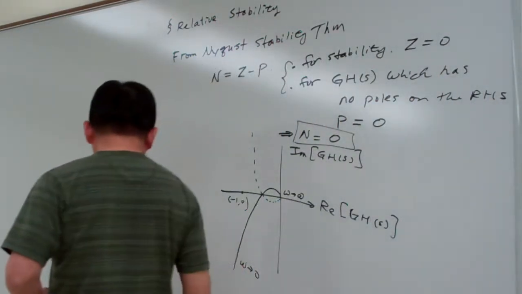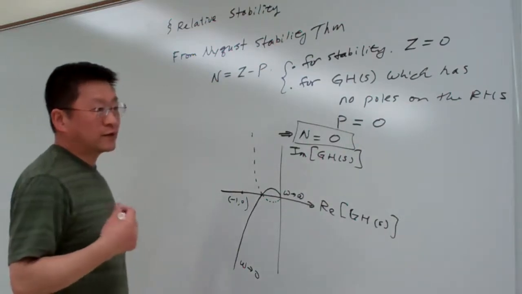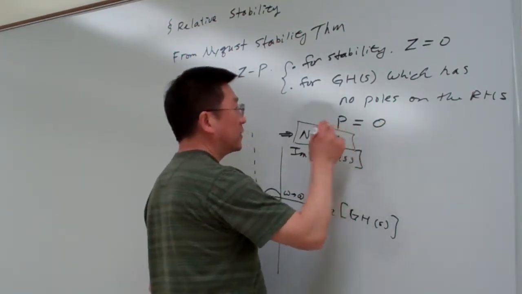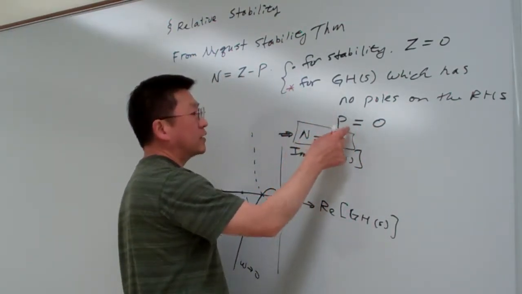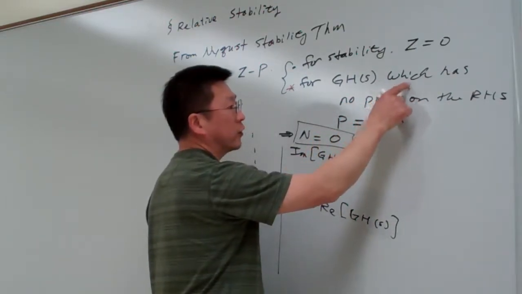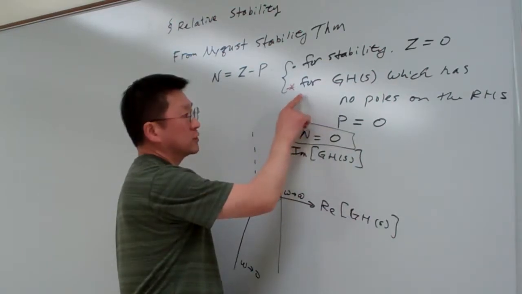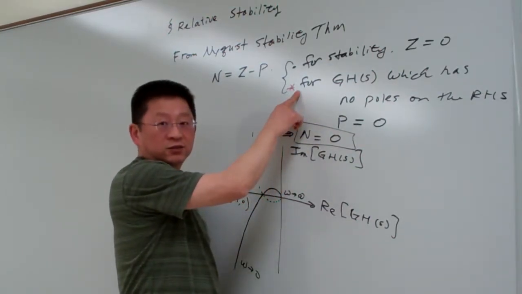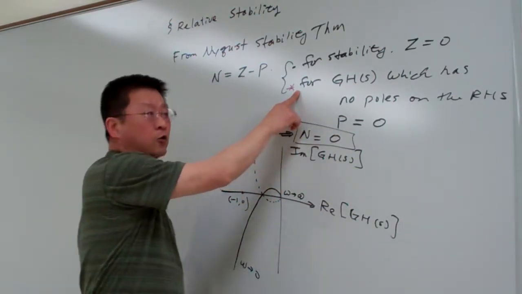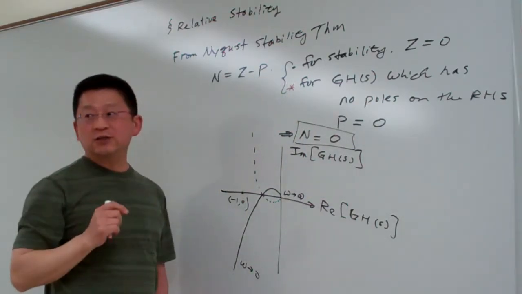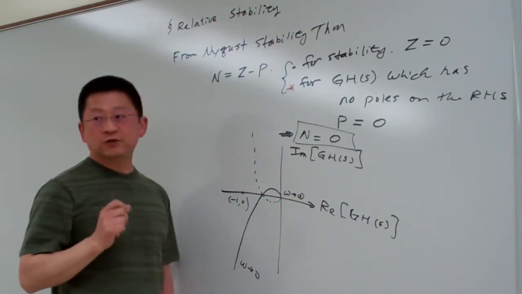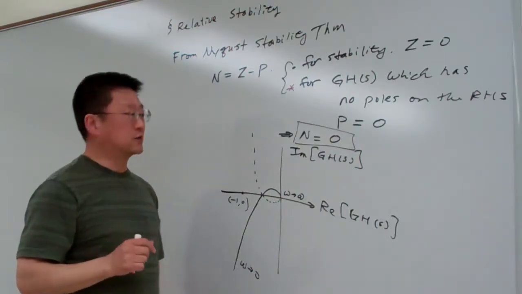Many practical control systems fit into this category, that means no poles of the open loop system on the right hand side. This special condition is very general in most practical systems.